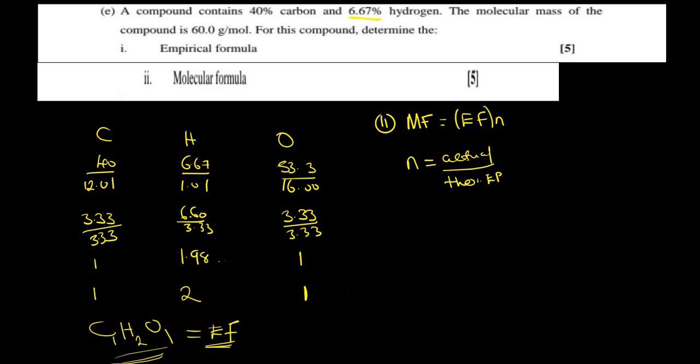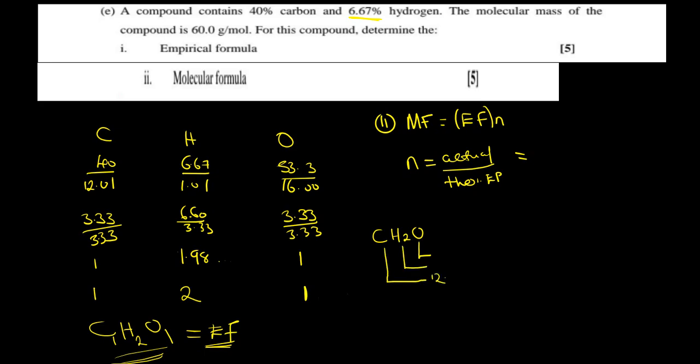So for the theoretical calculation of the empirical formula, you take the compound that you have here, CH2O. So you get the molecular formula from this empirical formula.